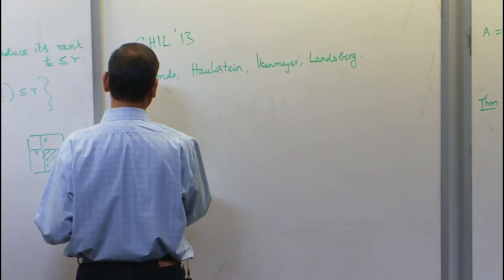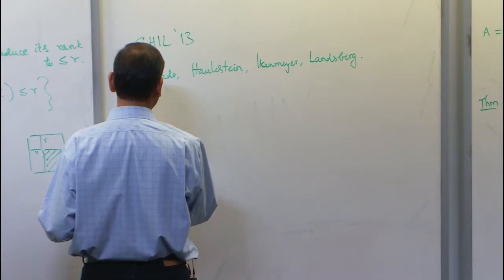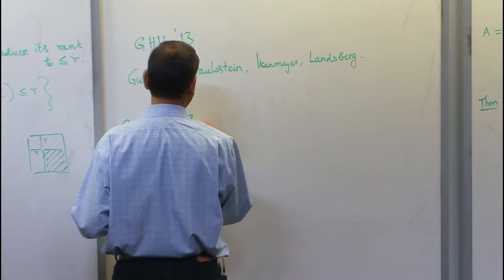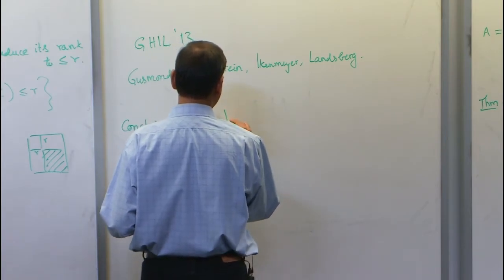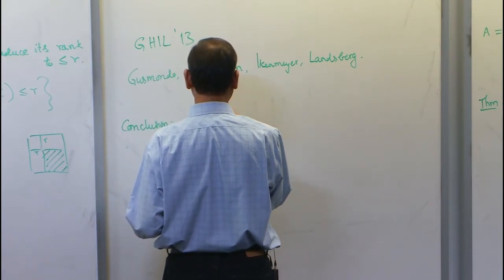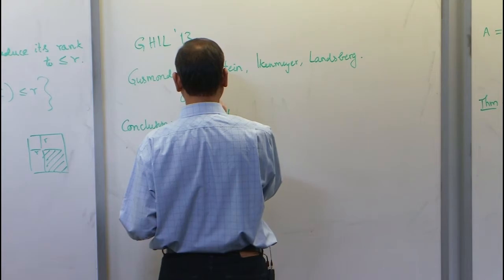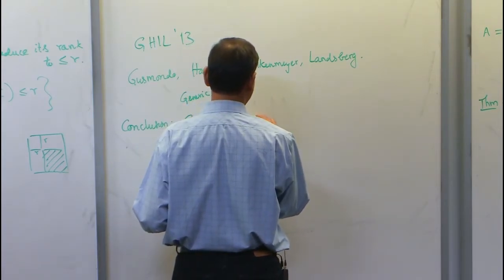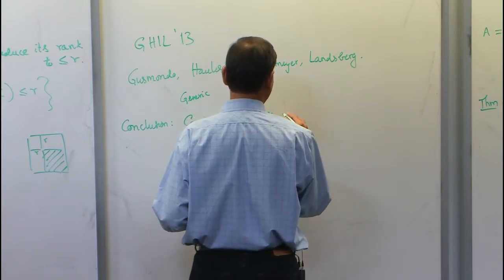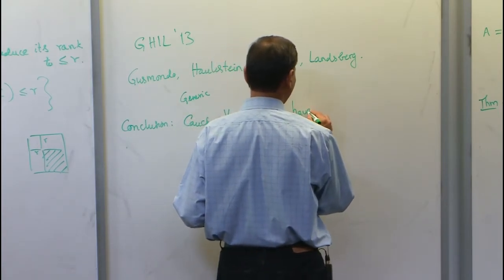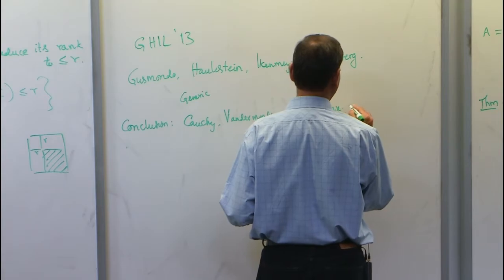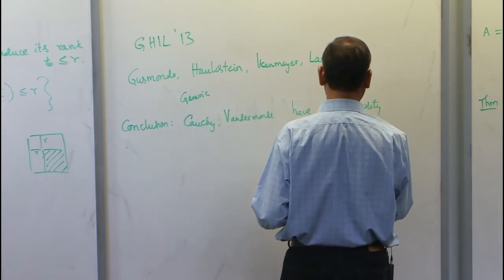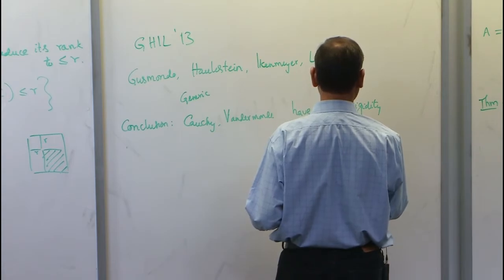I'll just say this: the Cauchy matrix and generic Vandermonde matrix, well, these are all generic, and have maximal rigidity. There are many more results. I'm just stating these as concrete lower bounds on rigidity.